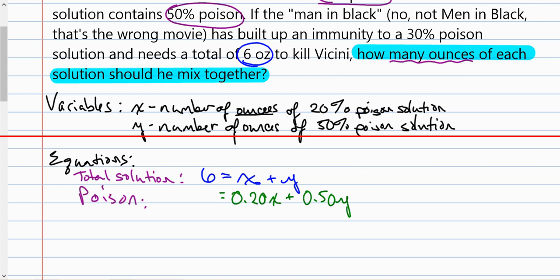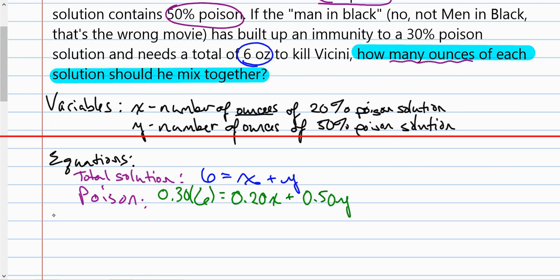And that's going to give me the total poison in my final solution. And I know that I've got 6 ounces of my final solution, and I need it to be 30% poison. So these types of equations are going to have your two variables equal your total, and then each percent times its respective variable will give you the percent of the total. Those are going to be the two equations that you get.